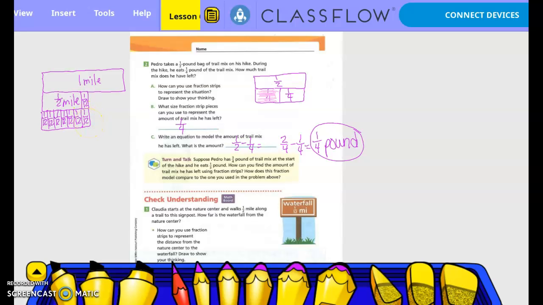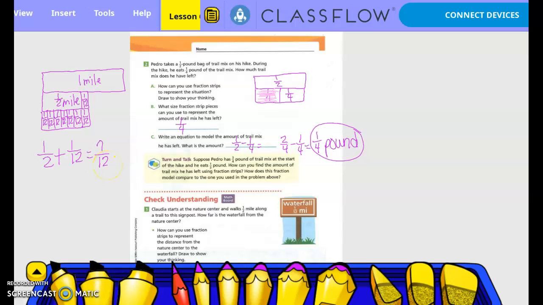All right. So how many total 1/12 pieces do we have? 7. So there's a total of 7/12. Okay. So if we write an equation to show that, we would do 1/2 plus 1/12 equals 7/12.